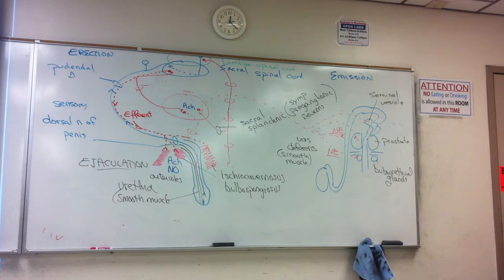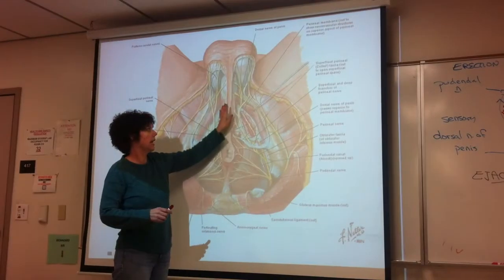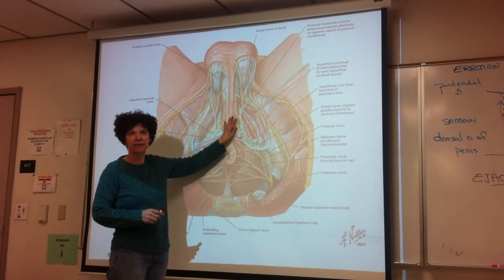Okay, yes? Is the pudendal nerve also going to the ischiocavernosus? That's the motor component of the pudendal nerve. Right, because the pudendal nerve has both sensory and motor components. So if we move back to this image here, here's our ischiocavernosus muscle and the bulbospongiosus muscle.